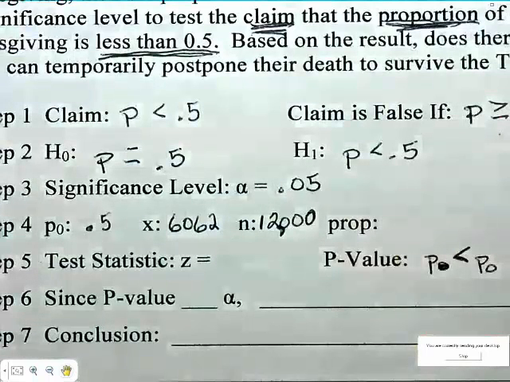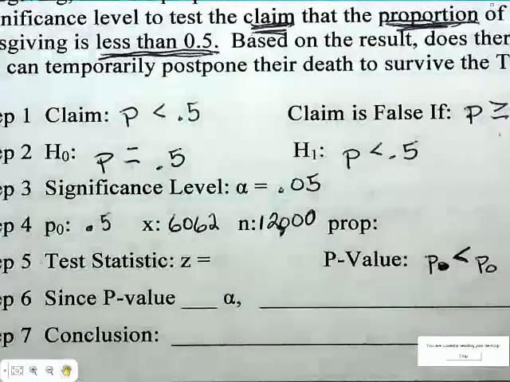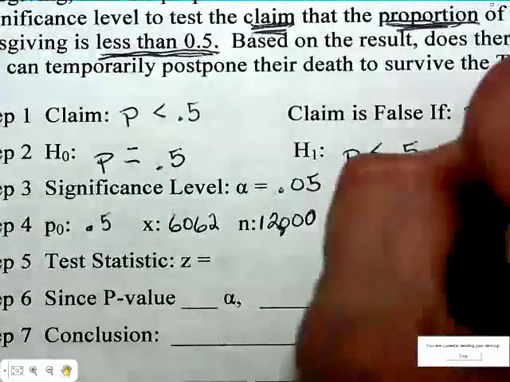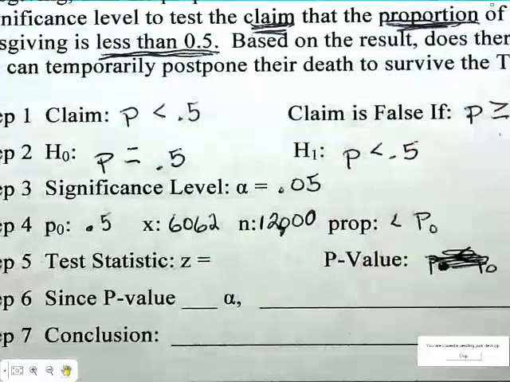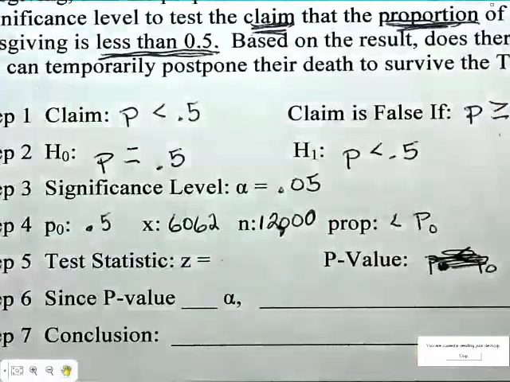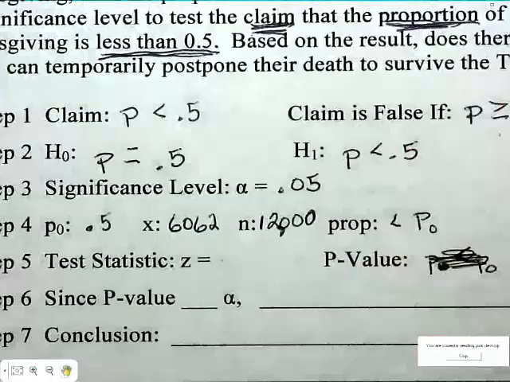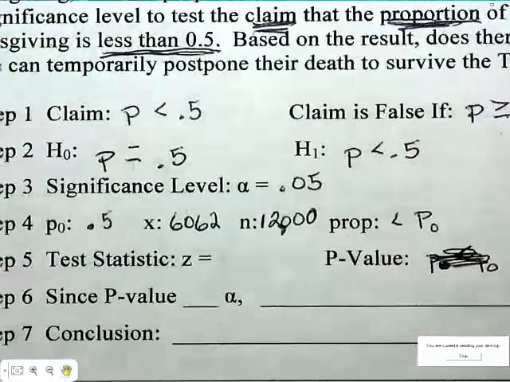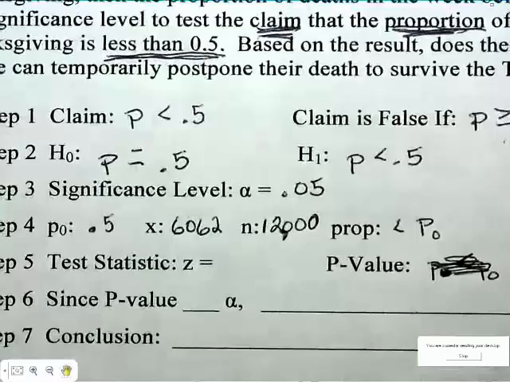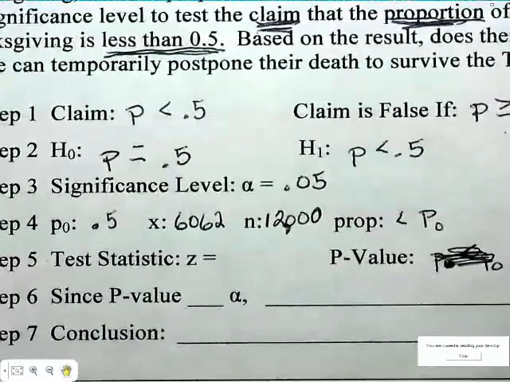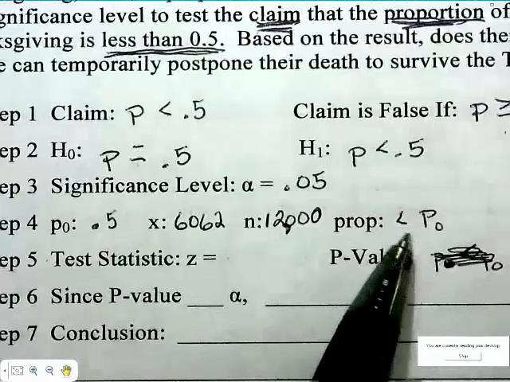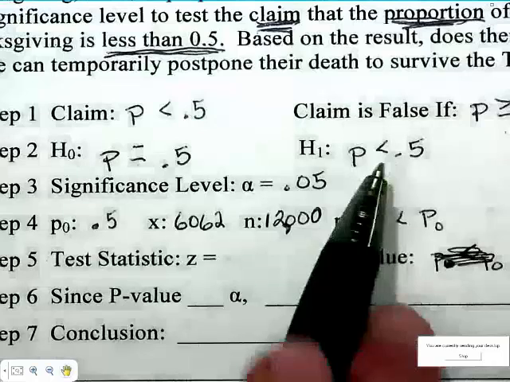All right. Punch. I didn't mean that there. I meant for that to be right there. Punch that on the calculator. Give me a test statistic to 2 decimal places. Because that's the alternative hypothesis.